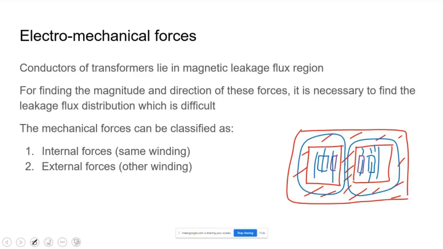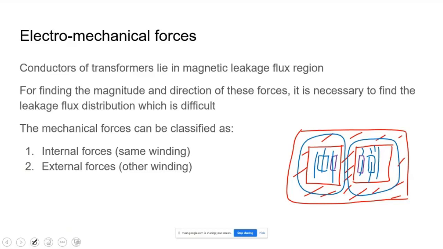So actually for finding the magnitude and direction of these forces, which forces? So conductors, when they lie in the leakage flux region, you might have seen in your magnetism books in, say, 12th class, that current carrying conductors placed in a magnetic field will experience some forces.